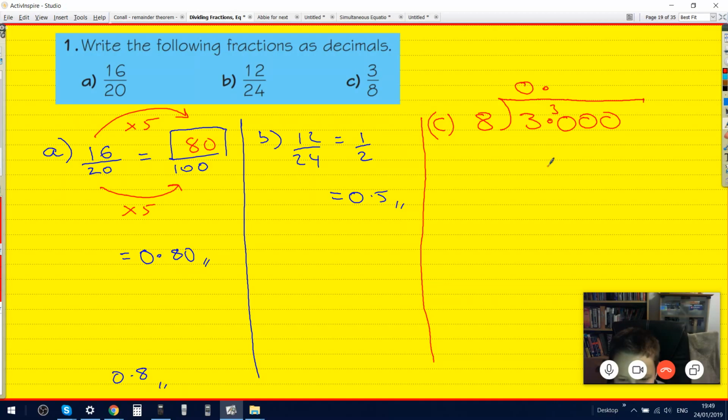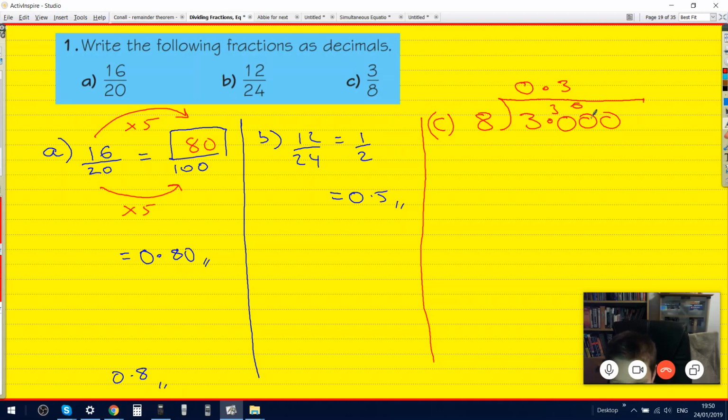And then how many 8s go into 30? I think 3 times, with 6 left over.